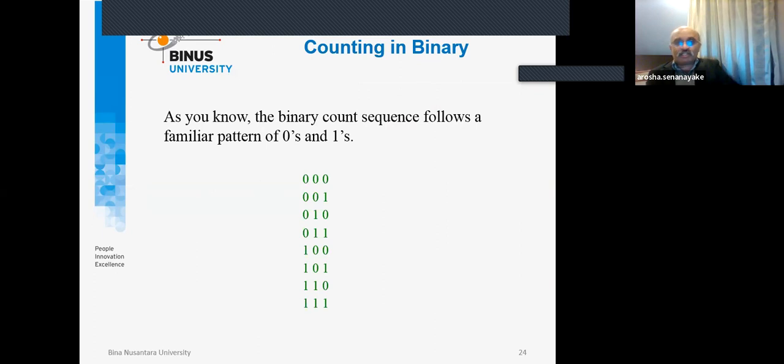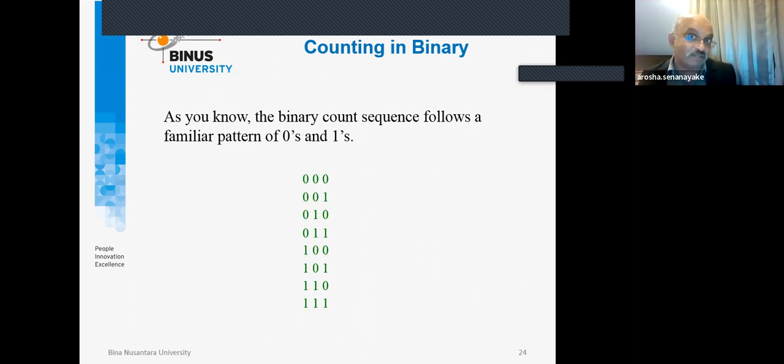Of course, in normal life, the counting we expect is usually 0 to 7, in the case of 3 bits. But you know very well, in our normal life, we don't even like 0 to 7. What we like is 1 to 10.